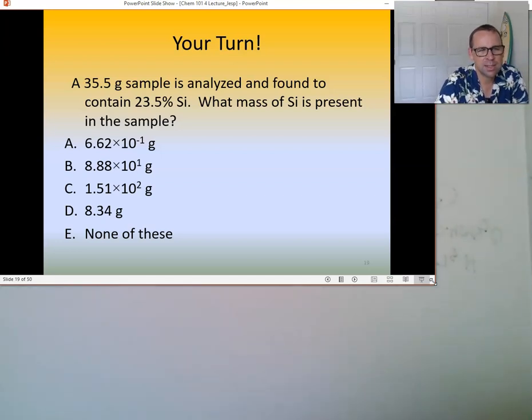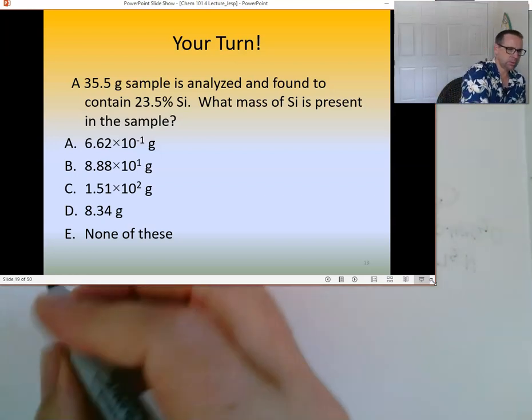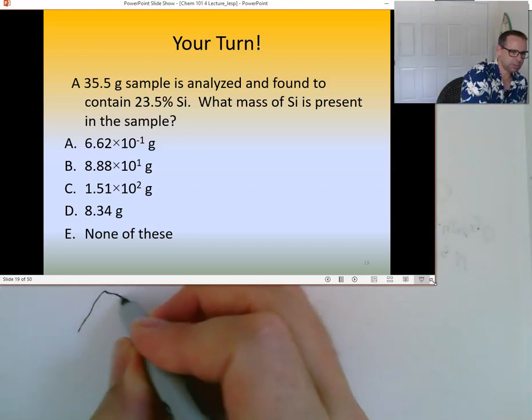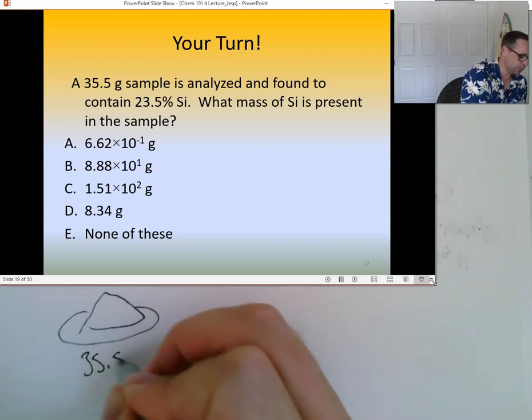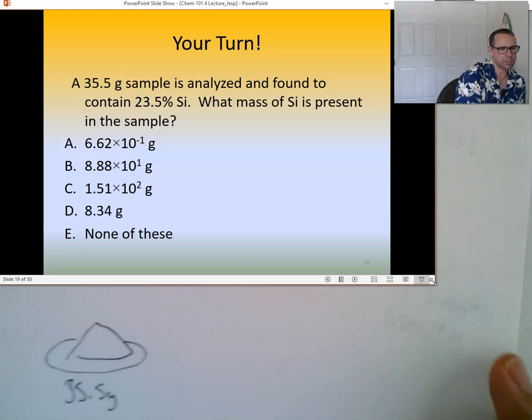What is the mass of silicon present in the sample? All right, so 35.5 grams of a sample. So here's my sample, right? It contains 35.5 grams. That's how many grams are in the sample.